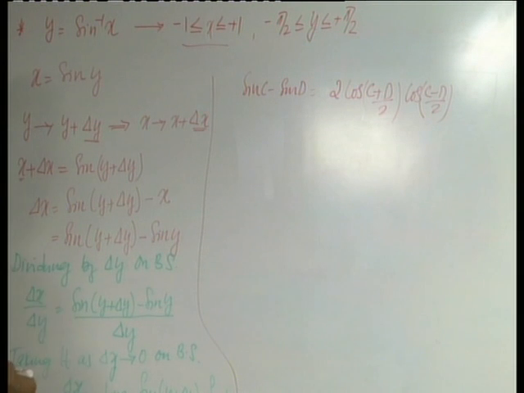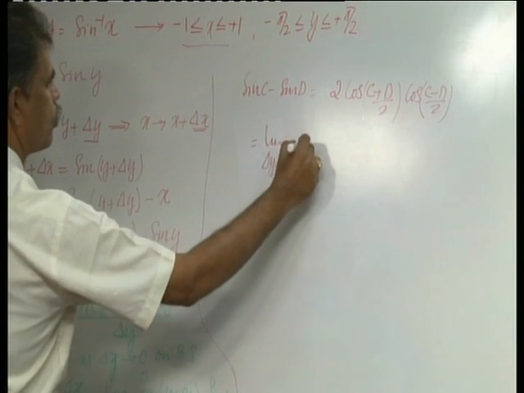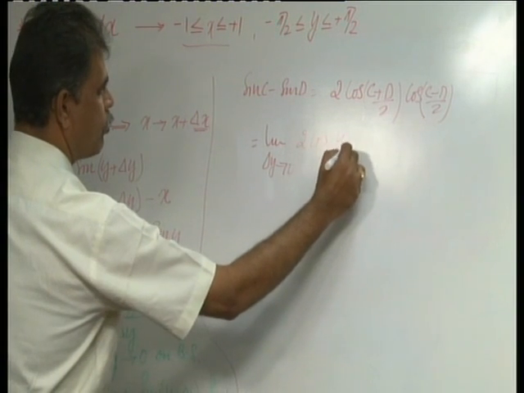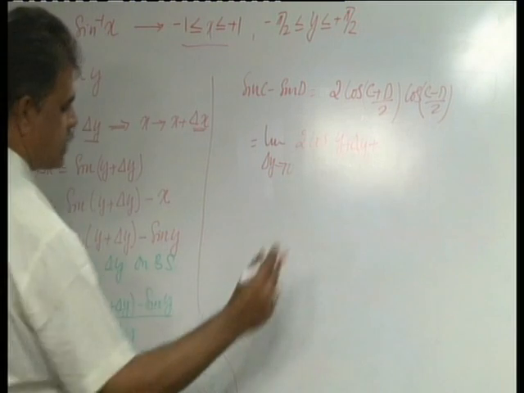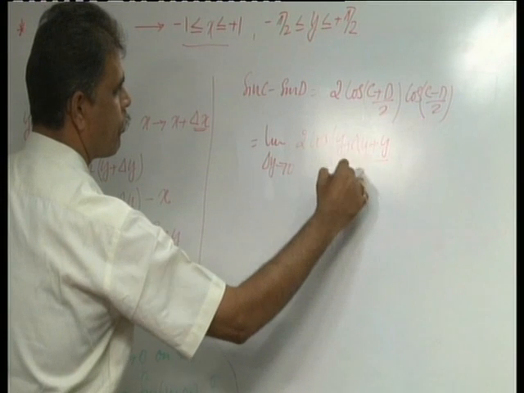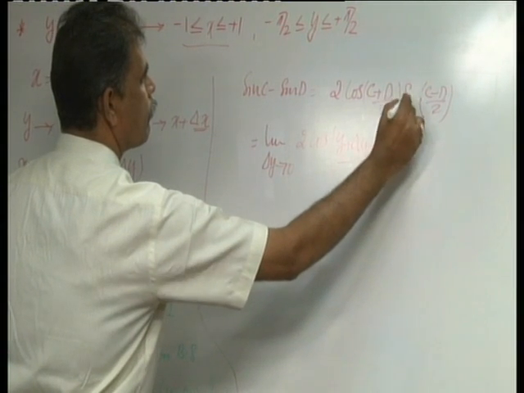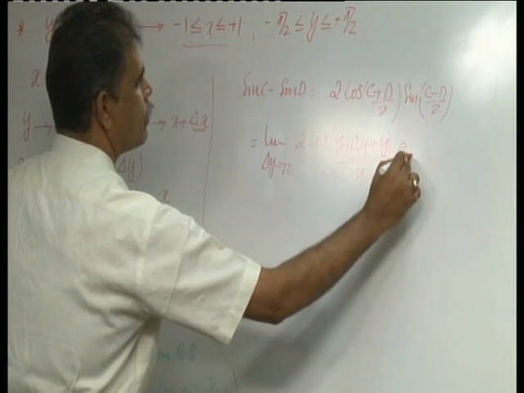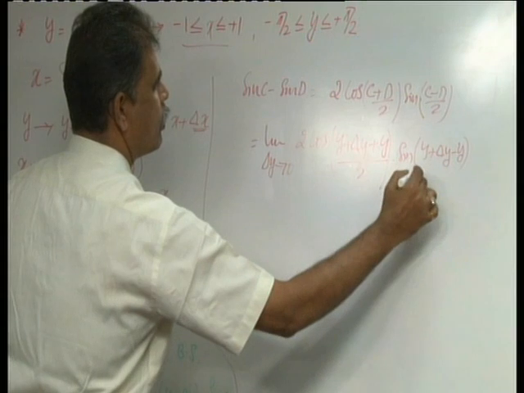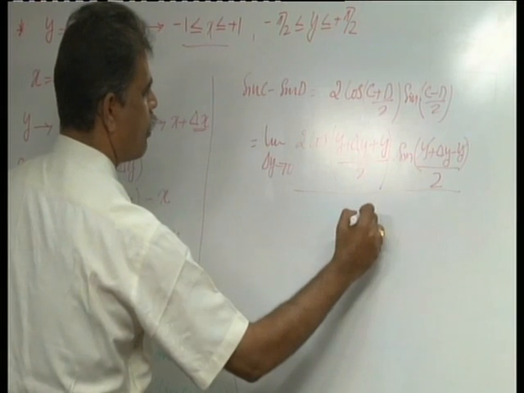Based on this formula, with c equal to y plus delta y and d equal to y, the right hand side limit becomes limit of delta y tends to 0 of 2 cos of y plus delta y plus y, whole divided by 2, into sin of y plus delta y minus y, whole divided by 2; here y gets cancelled, whole divided by delta y.